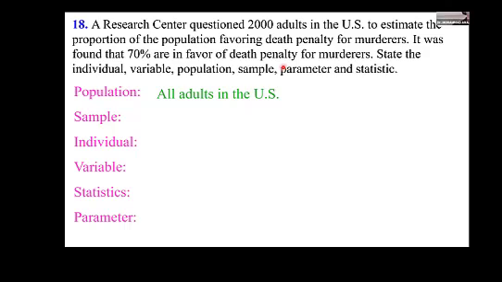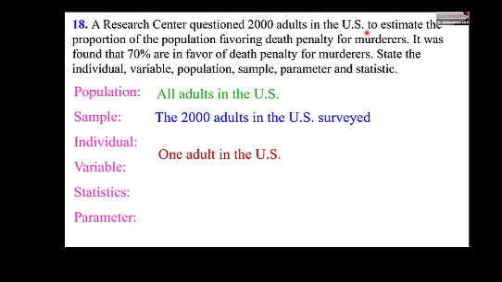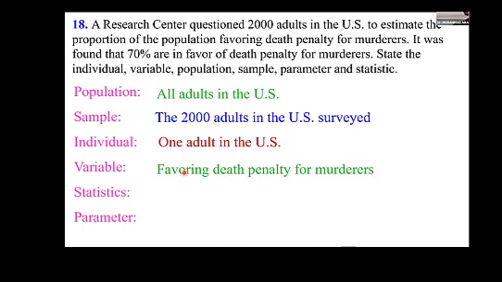All adults in the US. What would be the sample? Those 2,000 that we surveyed. Individual: one adult in the US. Variable: you are favoring it or you're against it. So favoring the death penalty for murderers, that would be the variable.